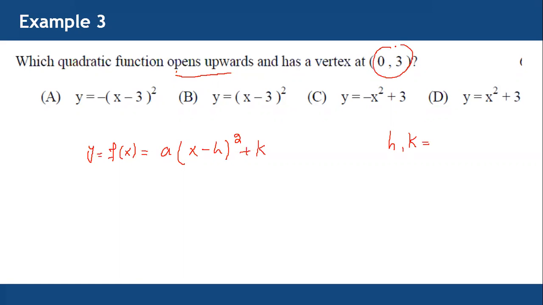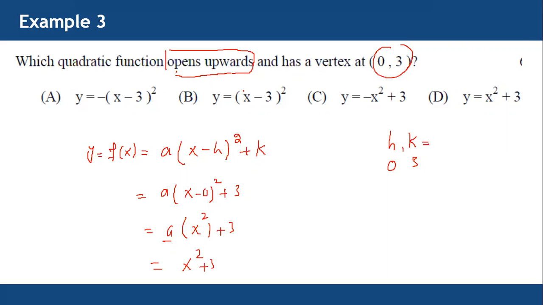The vertex point is given as (0, 3). So we have a into (x minus 0) whole square plus 3, or a into x square plus 3, because x minus 0 is just x square. But the given condition is that it opens upward, and opening upward means a is positive.